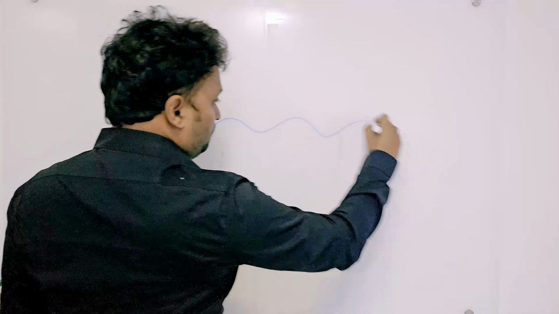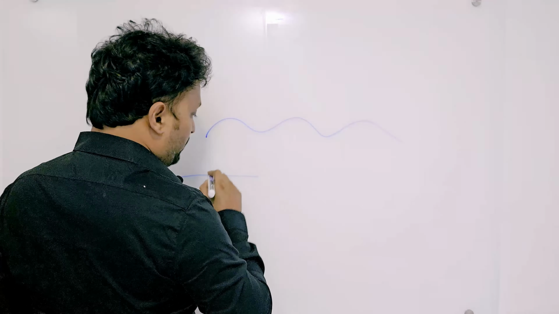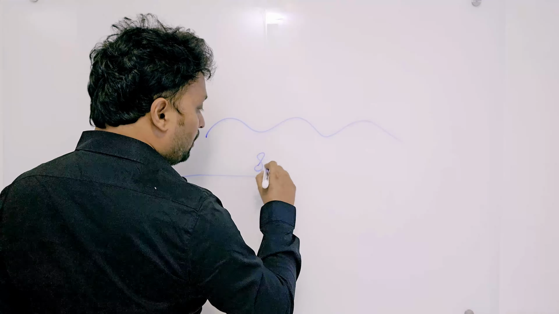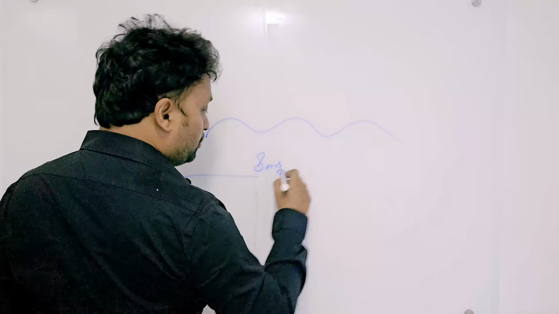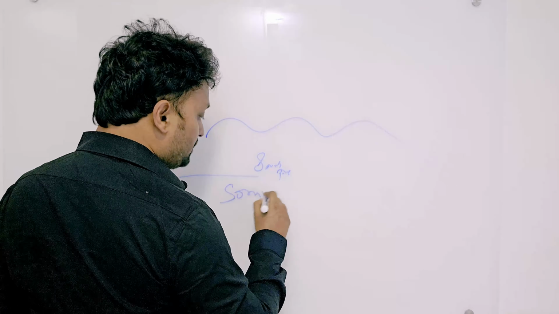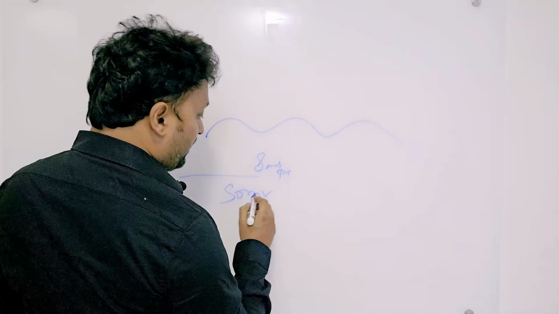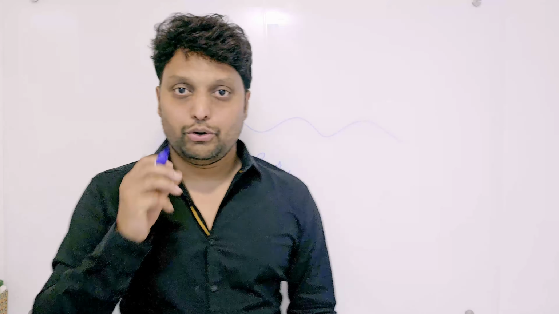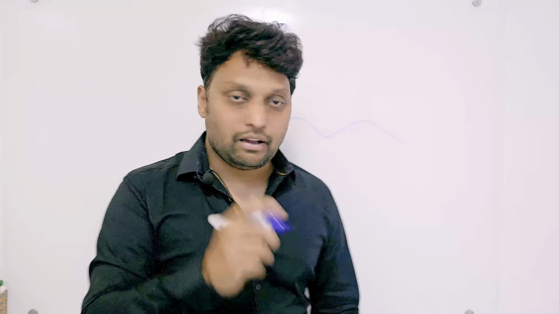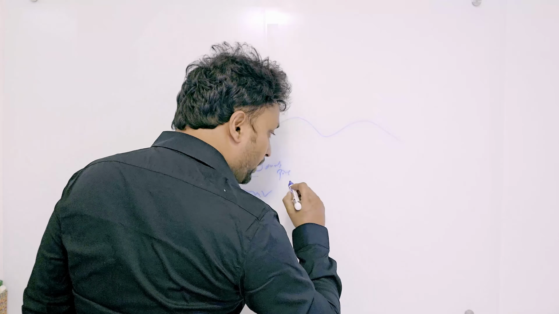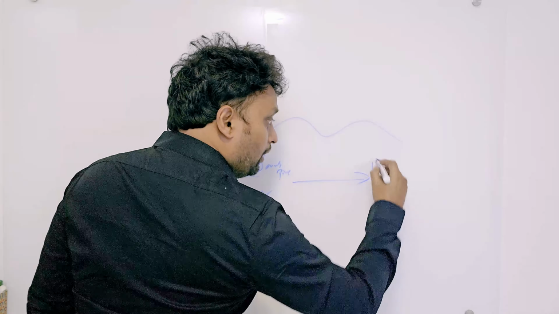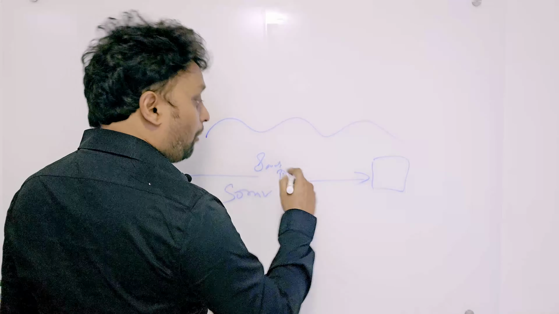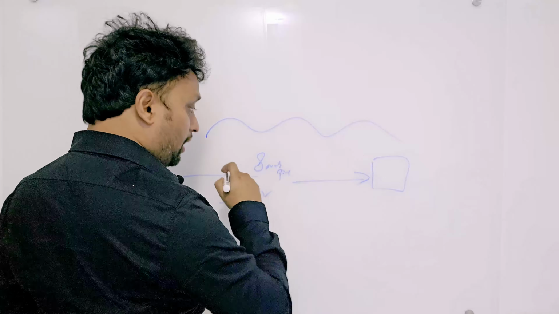Under the water, we have submarines which travel, and they used to send a sound ping using sonar. Sonar stands for sound navigation and ranging. This sonar technology used to send a sound ping to see whether there is any object underwater which will stop them, or anything coming on their way.